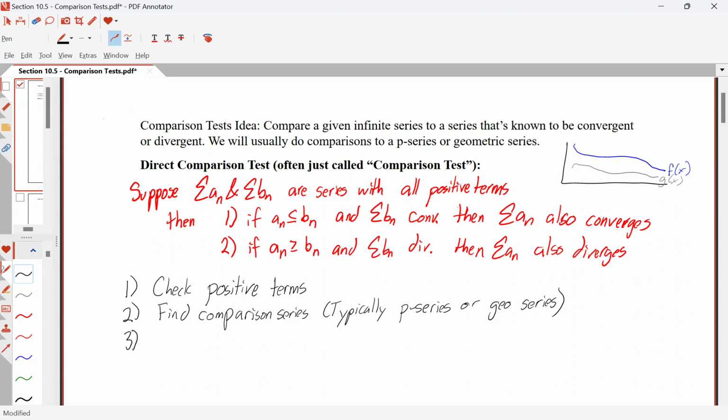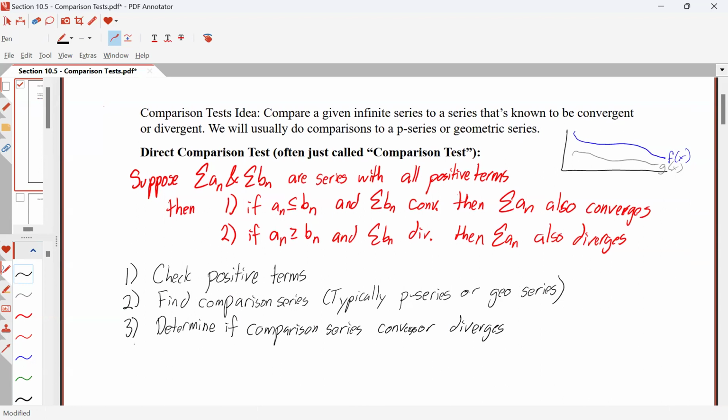Third, now that we've found a p-series or geometric series to compare to, does that series converge or diverge based on the p-series and geometric series tests? We want to determine if what we're comparing to converges or diverges. Four is then to run the test.